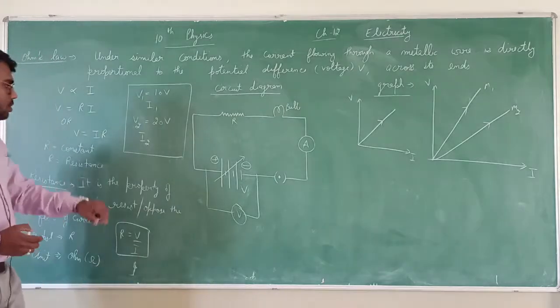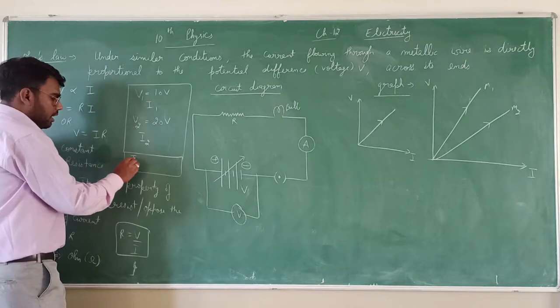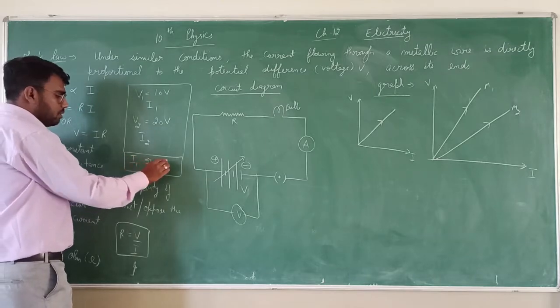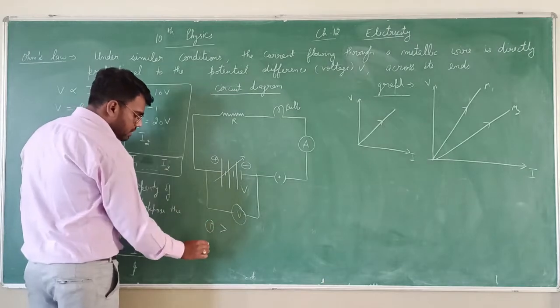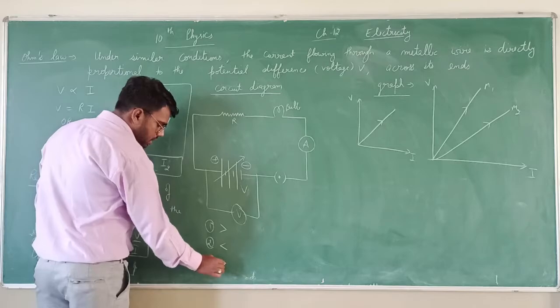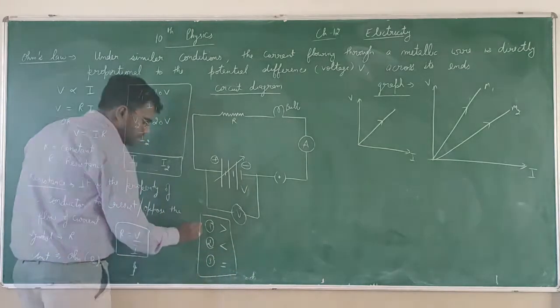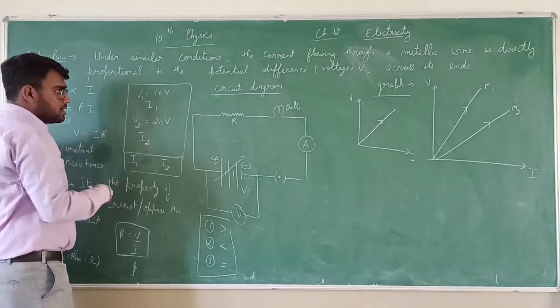Can you tell me which current is more, I1 or I2? You have to tell me which sign will be there, option A, option B or option C. Obviously since voltage is increased, current also increases.